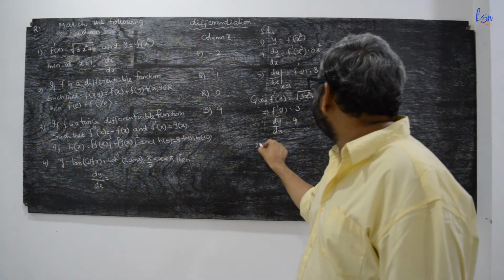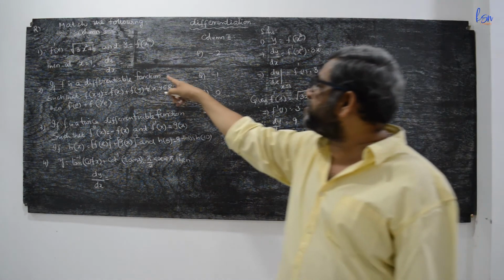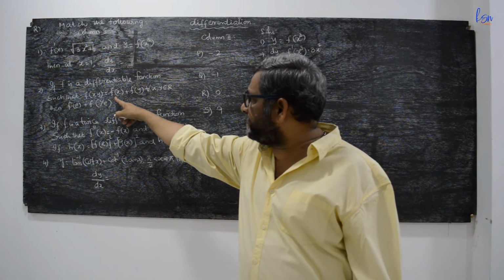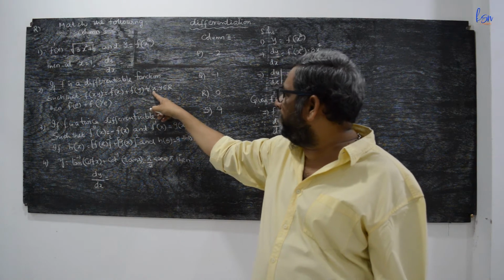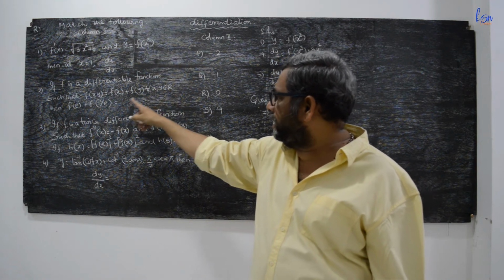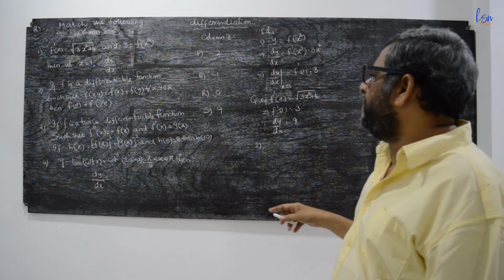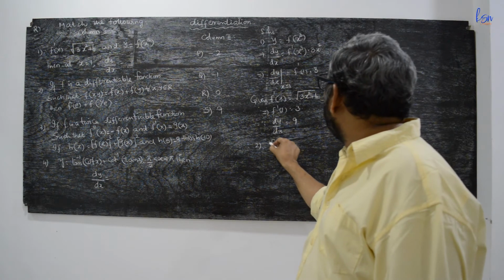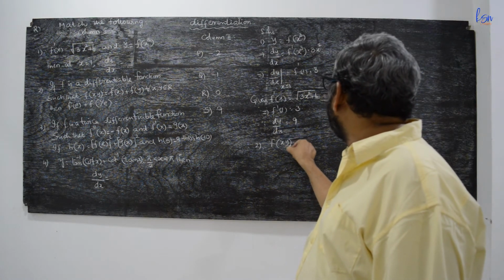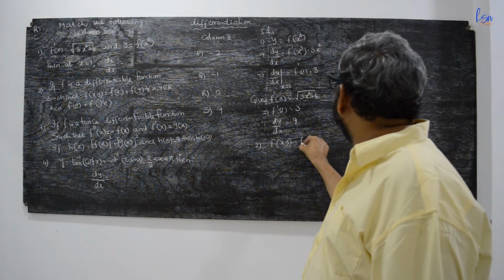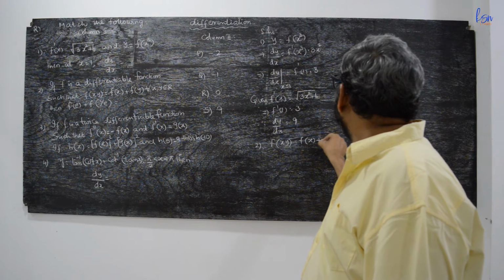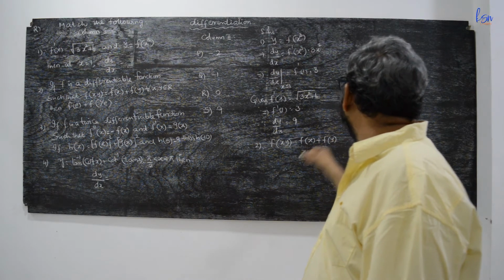Now the second question. If f is a differentiable function such that f of xy equal to f of x plus f of y for all x comma y belongs to R, then f of e plus f of 1 by e. Given f of xy is equal to f of x plus f of y.